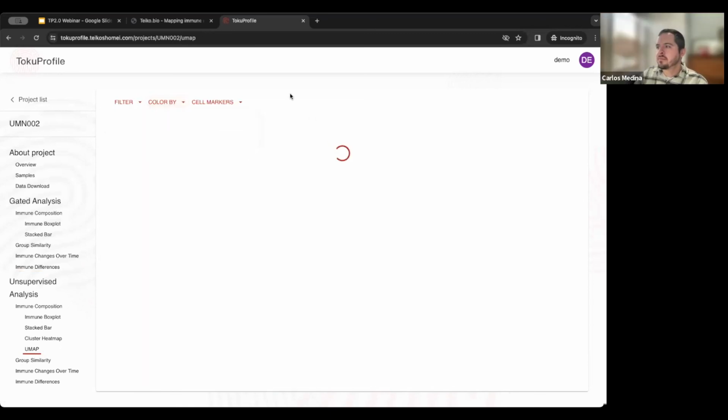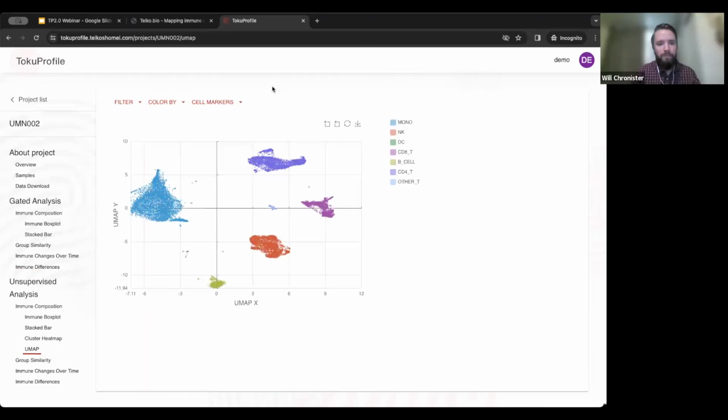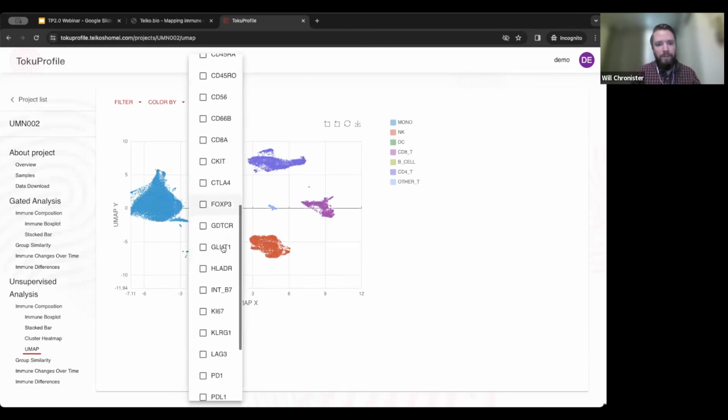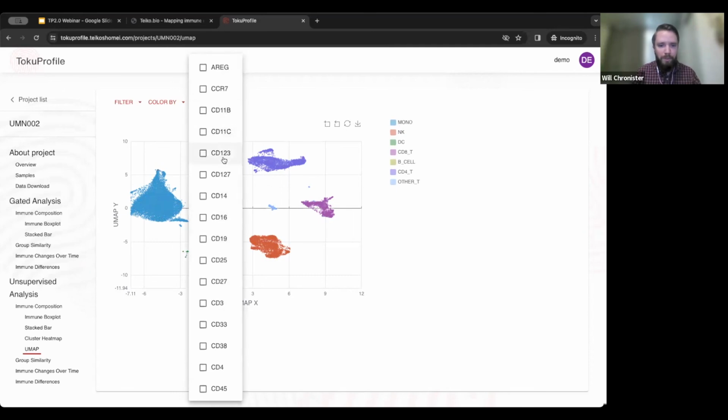That's it. This gives us a very broad idea of what these clusters are. So we have our monocyte cluster, NK cell, DCs, and then if we want to do a quick sanity check, we could go to the cell markers dropdown, and we could select CD3, which is, I believe, somewhere in the middle.